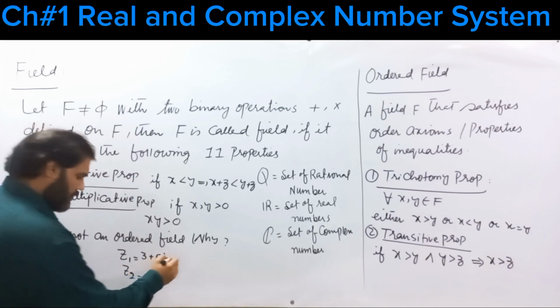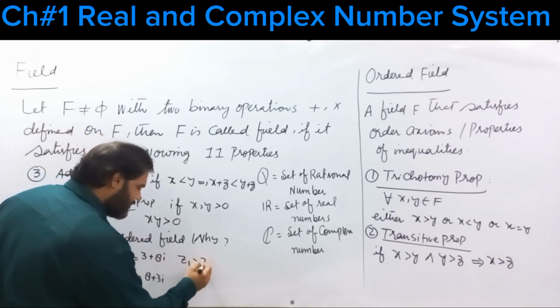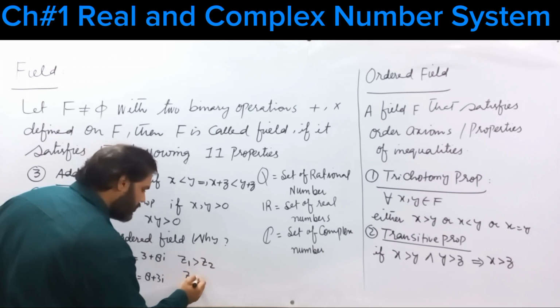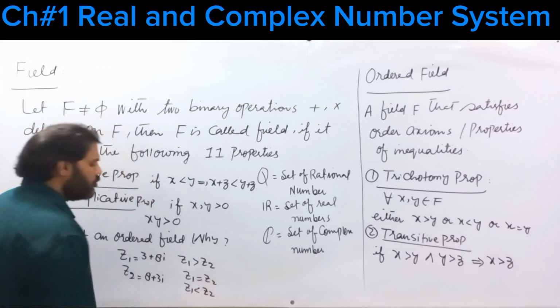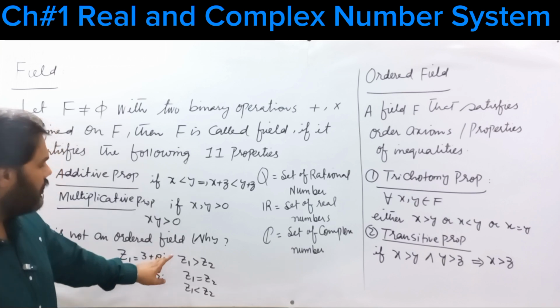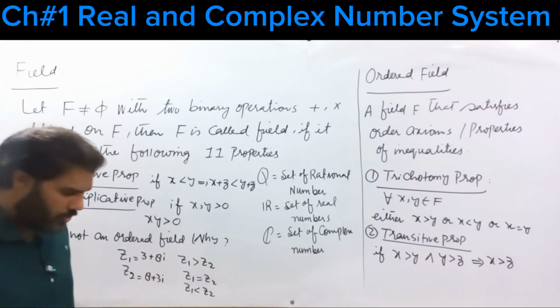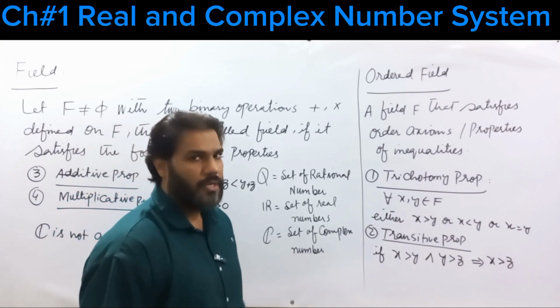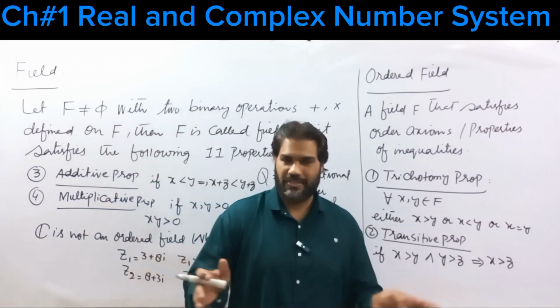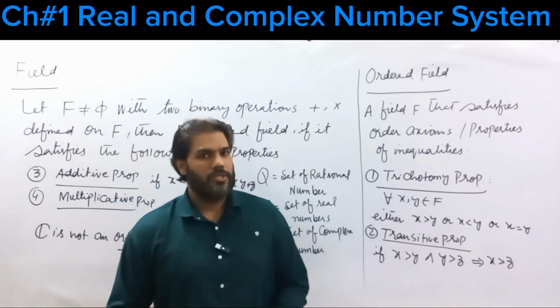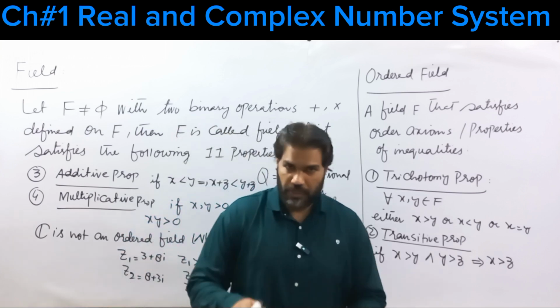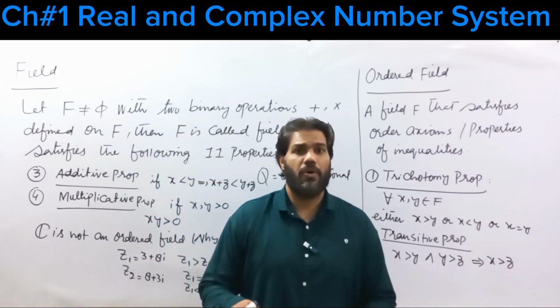can you say that z1 is bigger than z2? Can you say that z1 is equal to z2? Can you say that z1 is less than z2? You cannot say anything among these three. That's why you cannot compare any two elements of the complex numbers. This shows that the complex number field is not an ordered field.